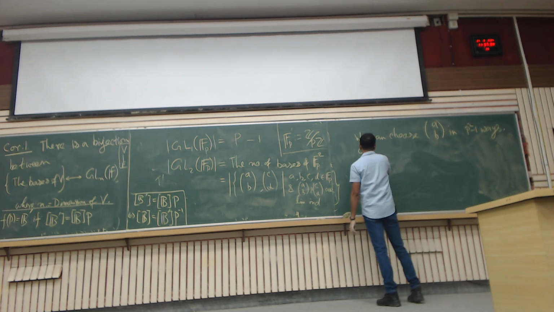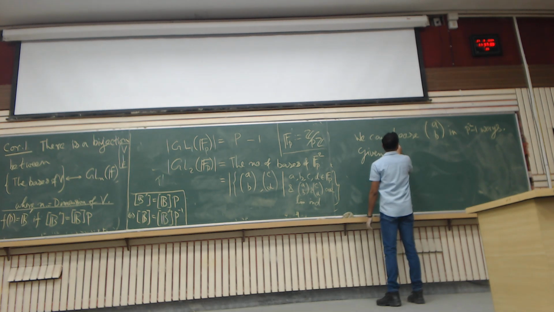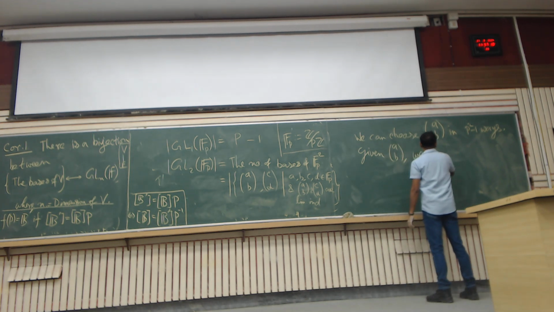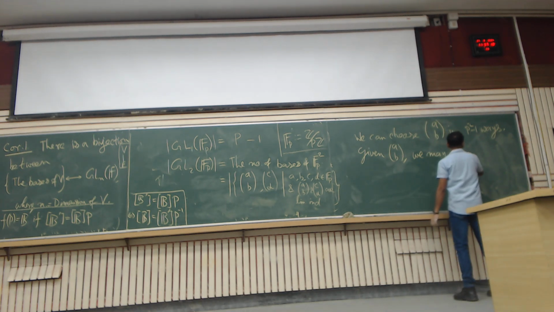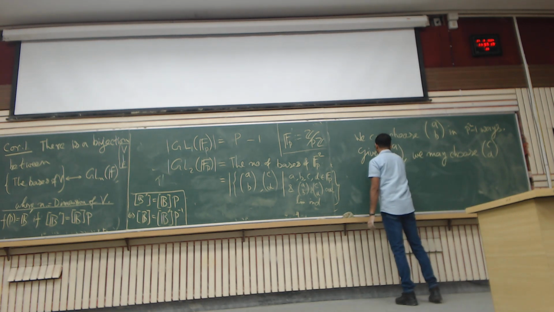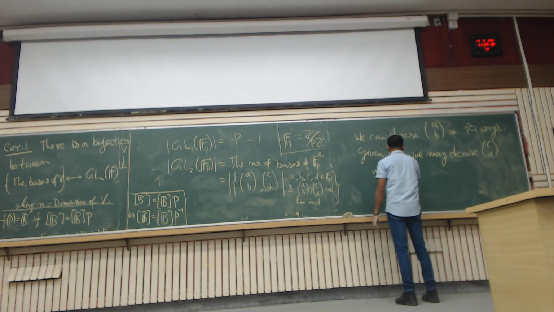We should have solved this before. Given AB, we may choose CD in P square minus P ways.